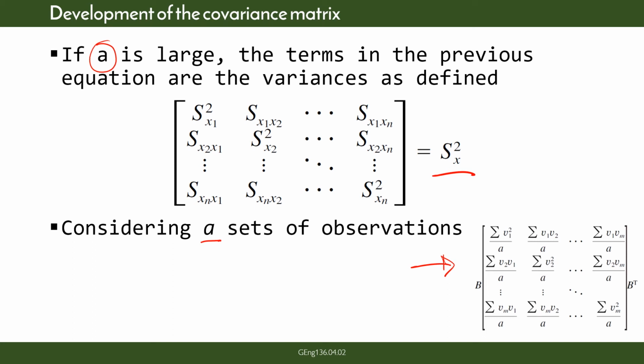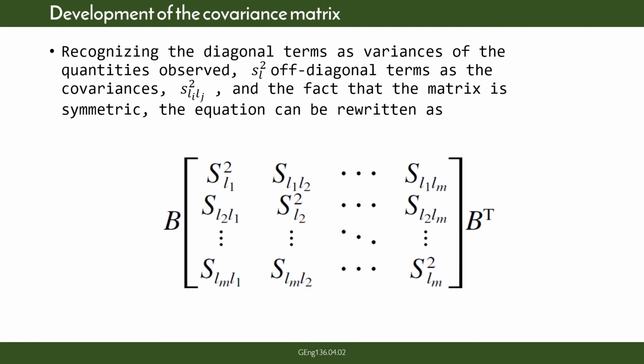Then recognizing the diagonal terms as variances of the quantities observed, and the off-diagonal terms as the covariances.